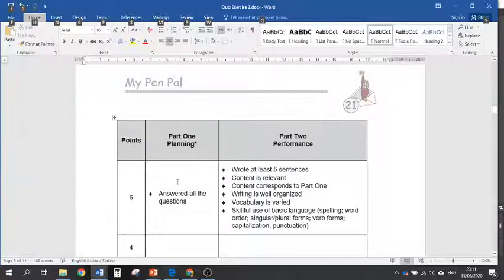You need to check for part 1 to give your students 5 points. In this case, we need to check that they answered both questions.